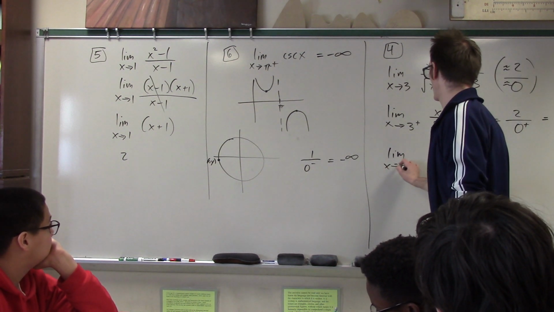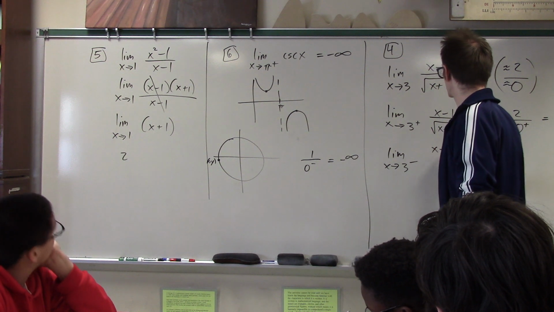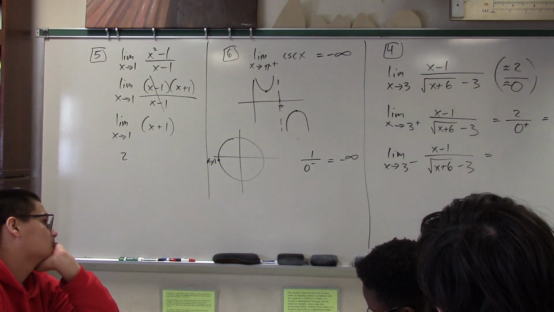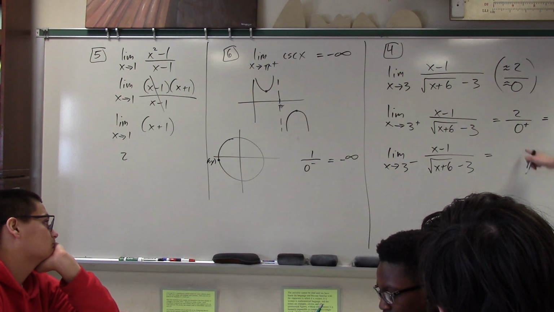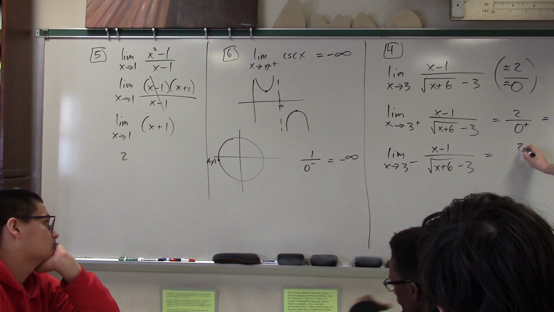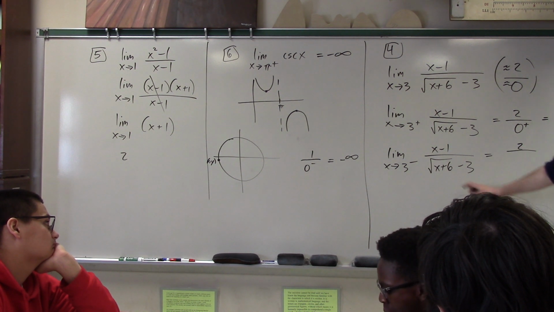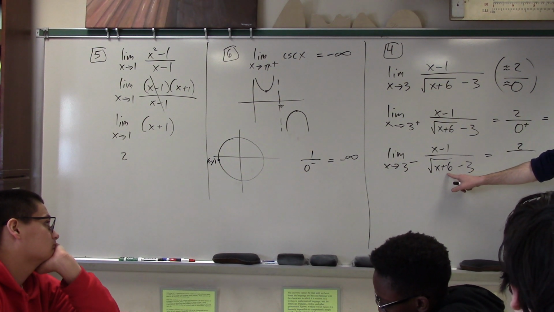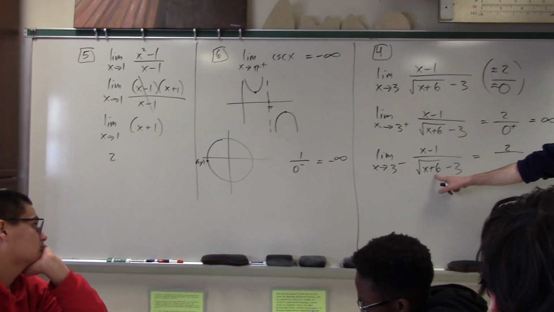But if we look at what happens as x approaches 3 from the left, what do we learn? Well, the top is still 2. The bottom now, if x is a little bit less than 3, then x plus 6 is a little bit less than 9.